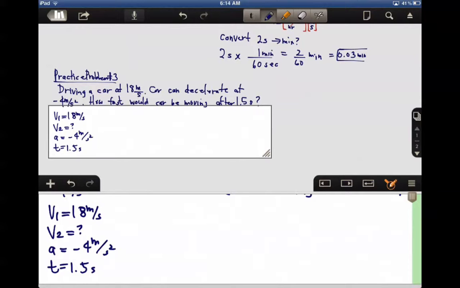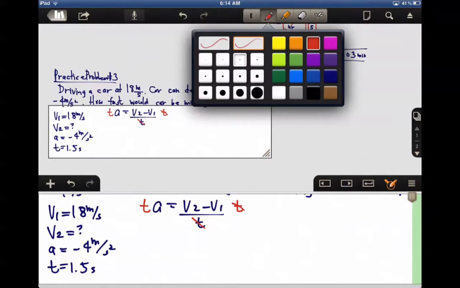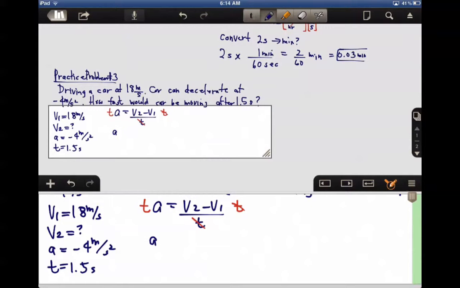So in this equation, V2 minus V1 all over t, I'm going to solve for V2 in this case. So to isolate it, first multiply through by time. So those cancel out. And I get A times t equals V2 minus V1.